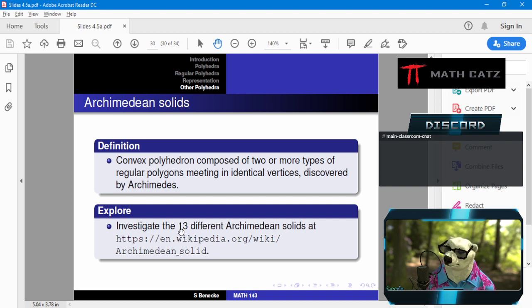Not that much, but just like for the tessellations, we had just three regular tessellations, and then when we opened it up to semi-regular, we had 8 possibilities.